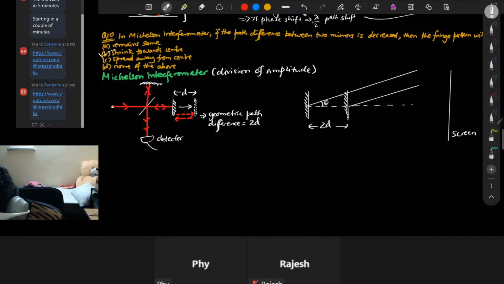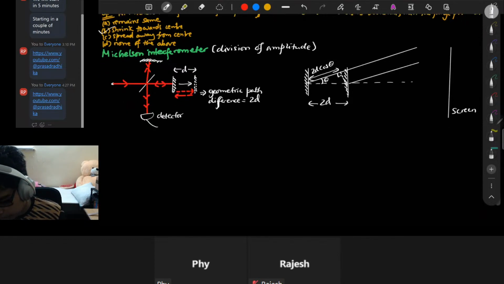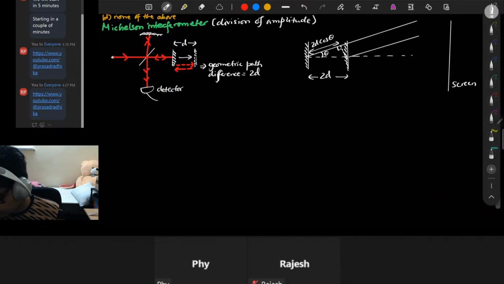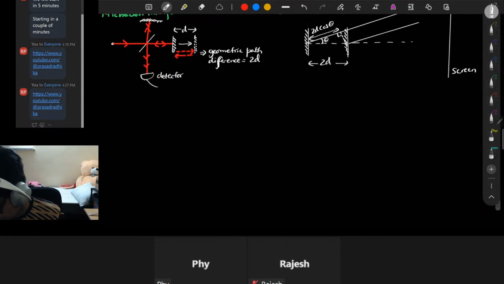If we draw a perpendicular over here, then this distance is 2d cos theta. So when you are looking at the center, your path difference is 2d. But when you're looking at some angle from the center, your path difference is 2d cos theta.